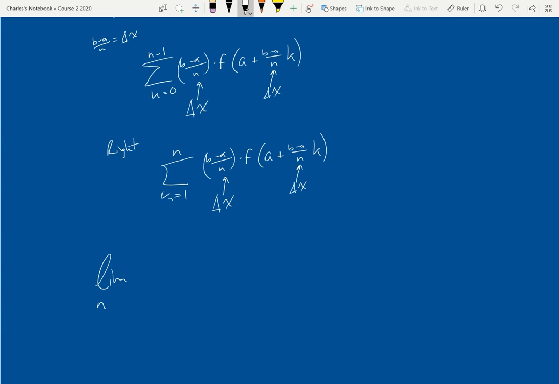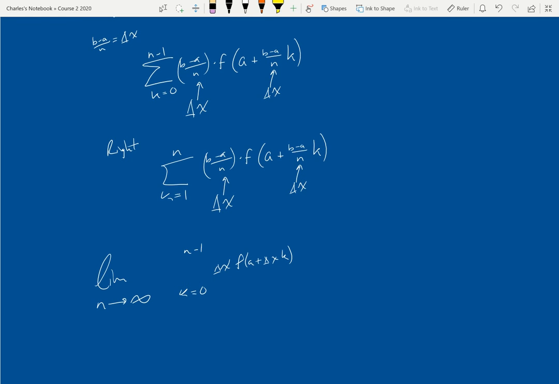But we're thinking of this as, what is the limit as n goes to infinity of the left endpoint rectangle sum, k is equal to 0 to n minus 1 of, I'm just going to call this delta x, f of a plus delta x sub k.